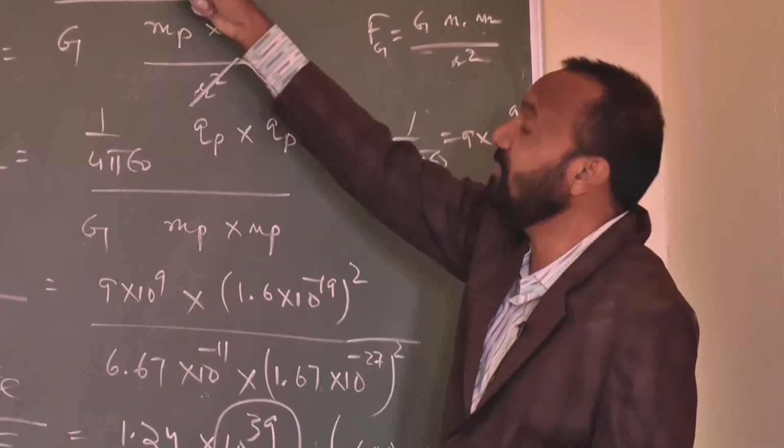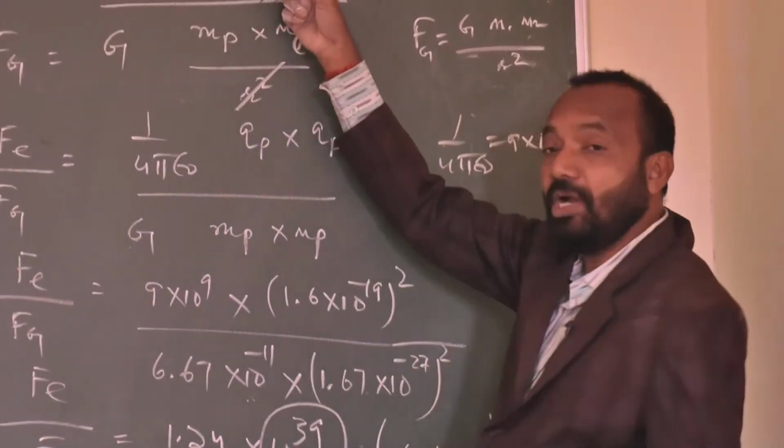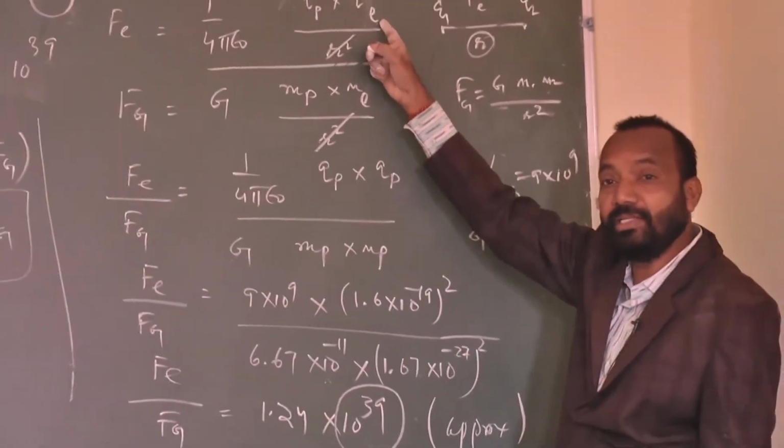The charge of the proton is 1.6 into 10 to the power minus 19 coulomb, and the charge of the electron is 1.6 into 10 to the power minus 19 coulomb.